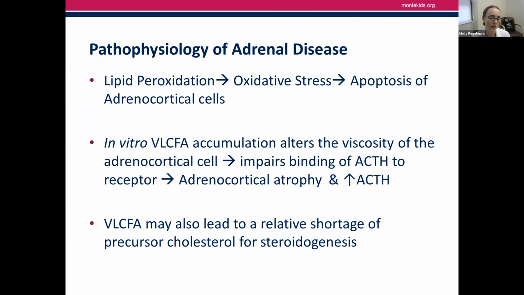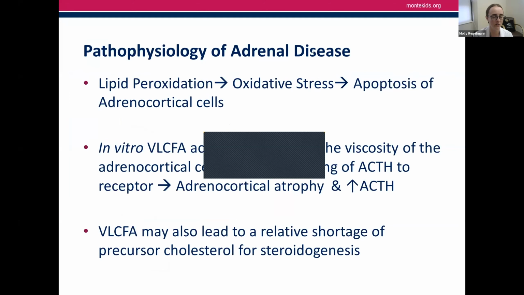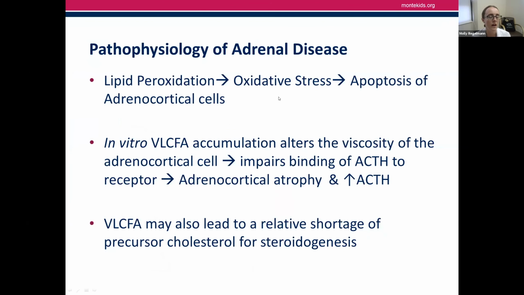And there are multiple mechanisms by which this can happen. Some of them are thought that the very long chain fatty acids cause damage to the adrenal cortical cells themselves.